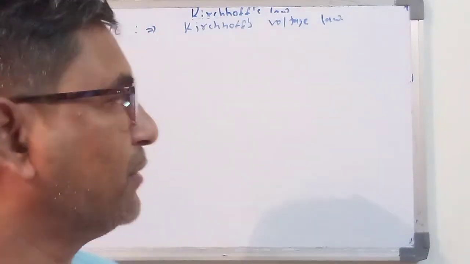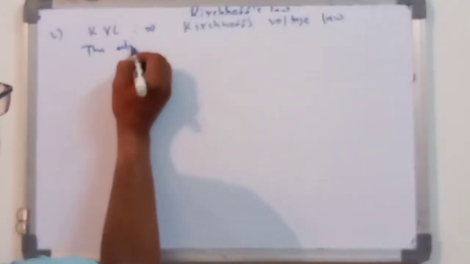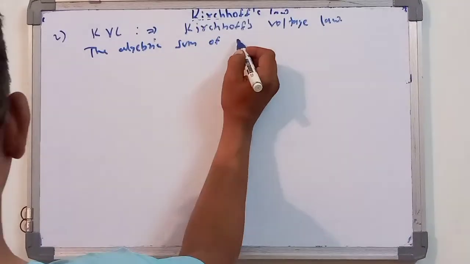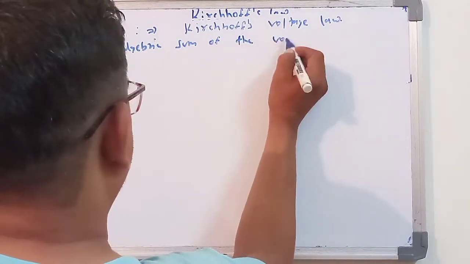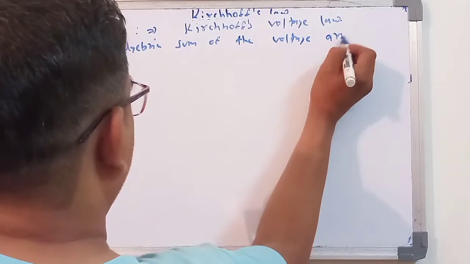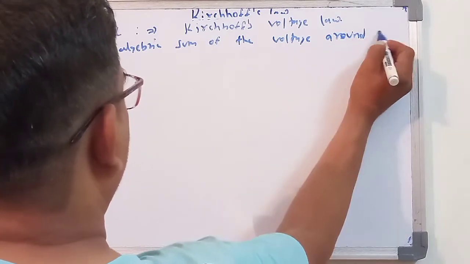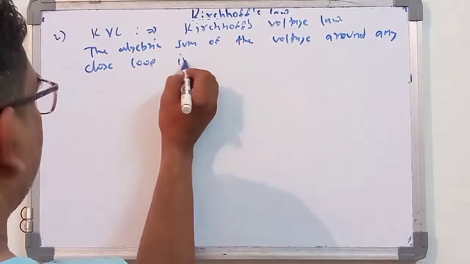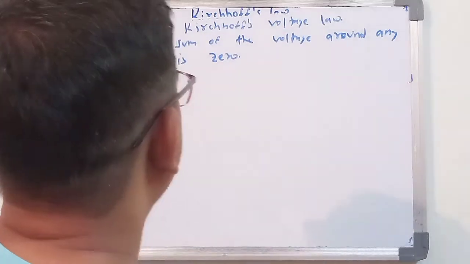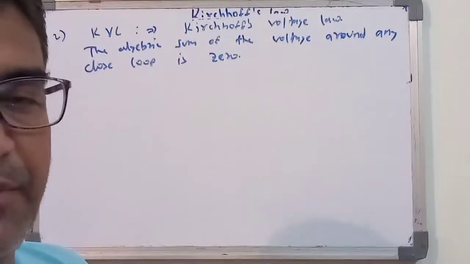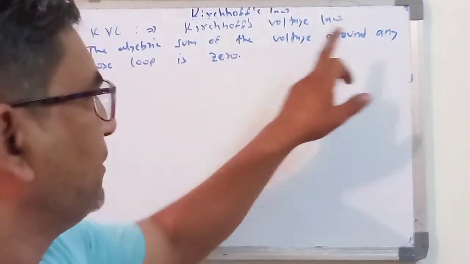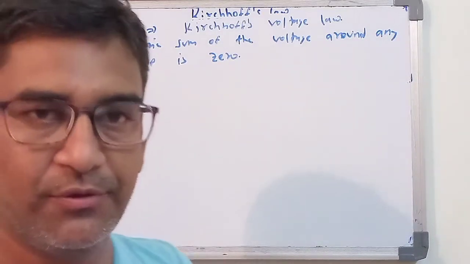The definition for this is nothing but the algebraic sum of the voltage around any closed loop is 0. Okay, whatever may be the algebraic sum, we are going to find out the sum of the voltage around any closed loop, it is 0.